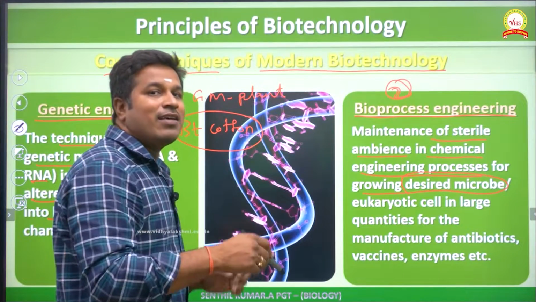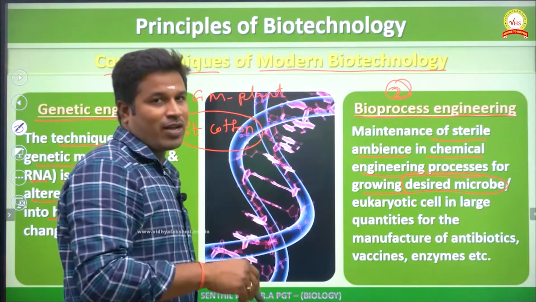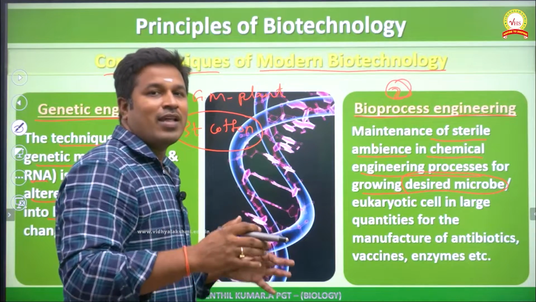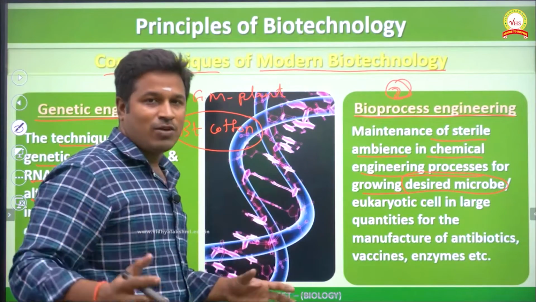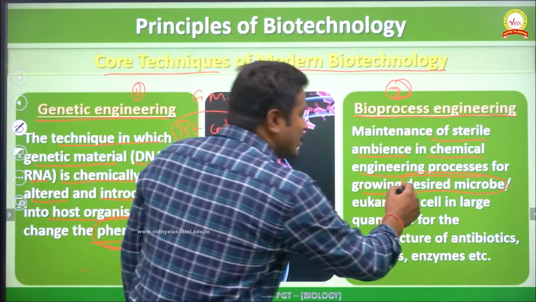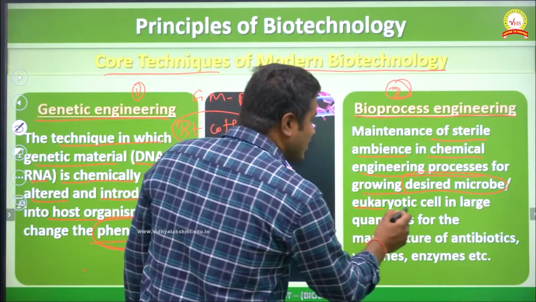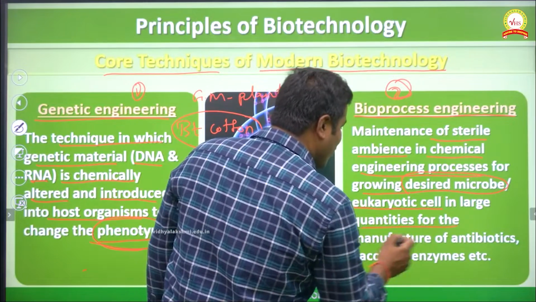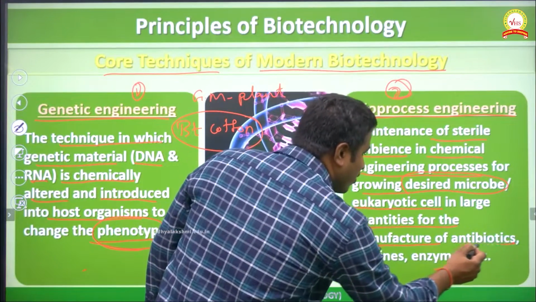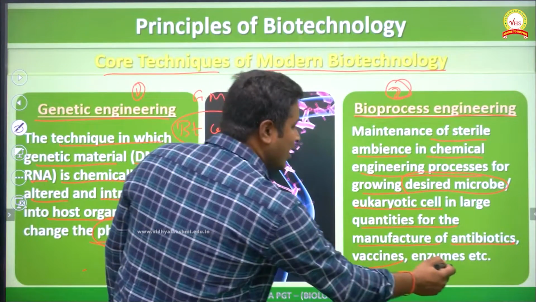Okay, in that sense we need microorganisms in a large amount. Wine preparation and all used to be in a large amount. So the desired microorganism is supposed to be cultured, and eukaryotic cells in large quantity, for the manufacturing of antibiotics, vaccines and enzymes.